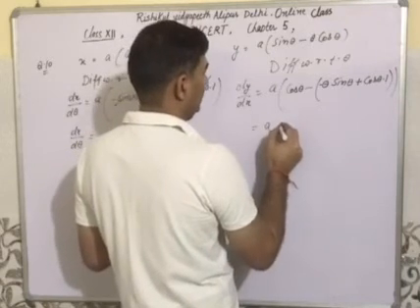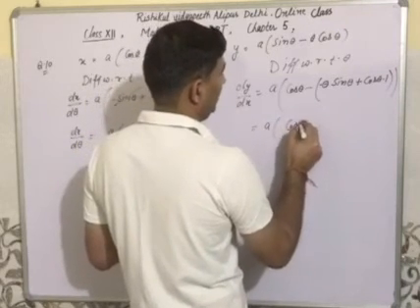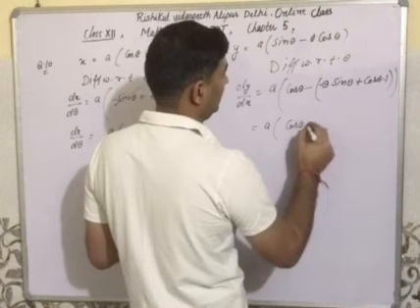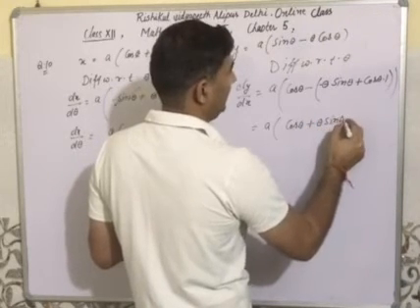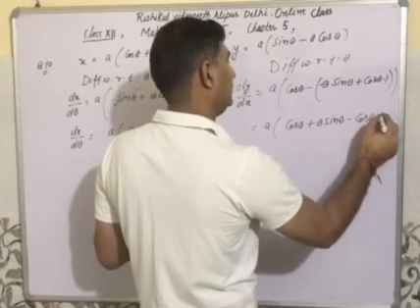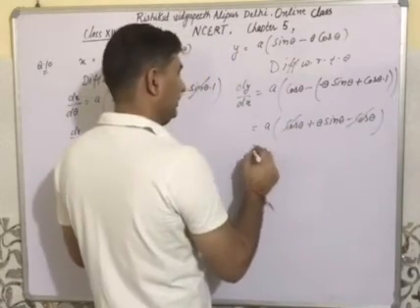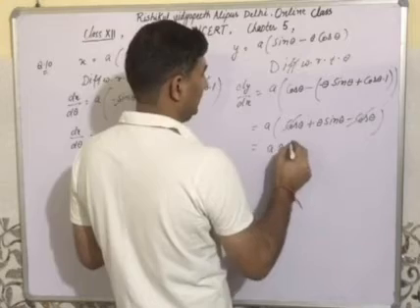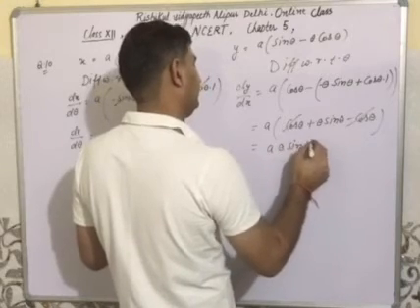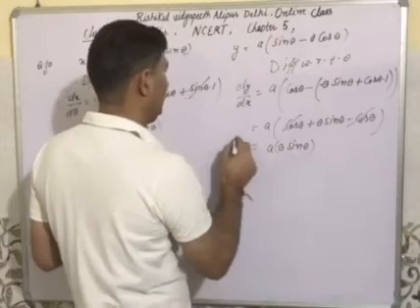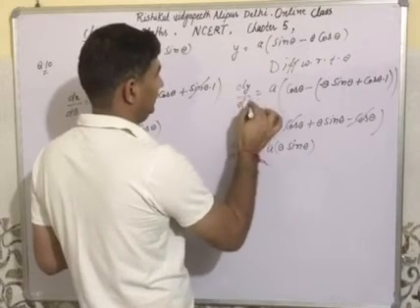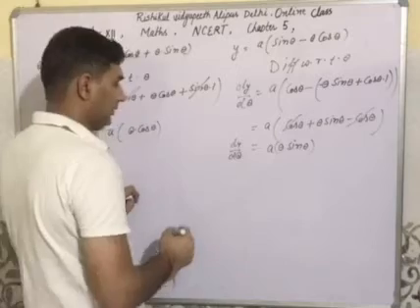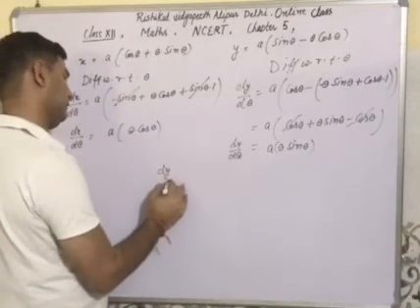Then a into cos theta minus minus plus theta sin theta, and minus cos theta. This cancels out, and this is equal to a theta sin theta. This is dy by d theta. Then find dy by dx.